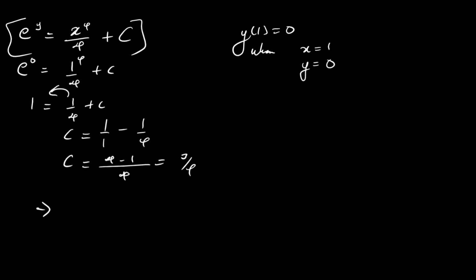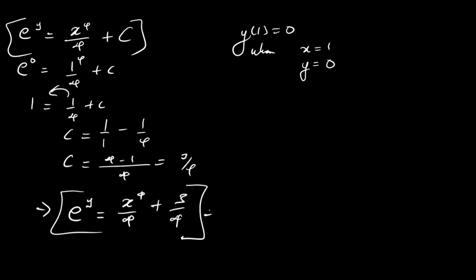This implies that we now have e to the y being equal to x to the 4th over 4 plus 3 over 4. Now we can't leave our answer here. We can now antilog. By antilogging, you introduce the opposite of what you have. Since I'm having e, I will introduce ln to both ends.